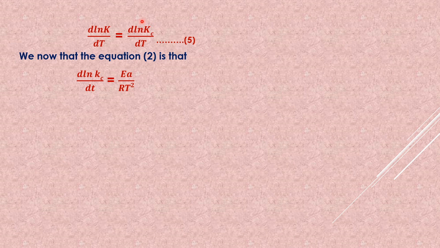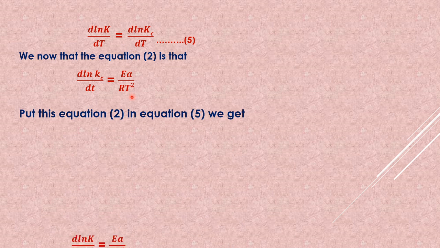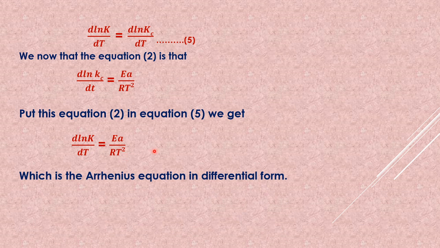If we put this in here, we get the new equation, d ln of k divided by dt equals Ea upon RT square, and this is the Arrhenius equation in differential form.